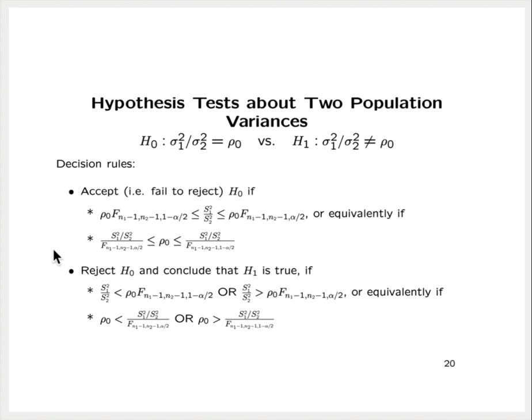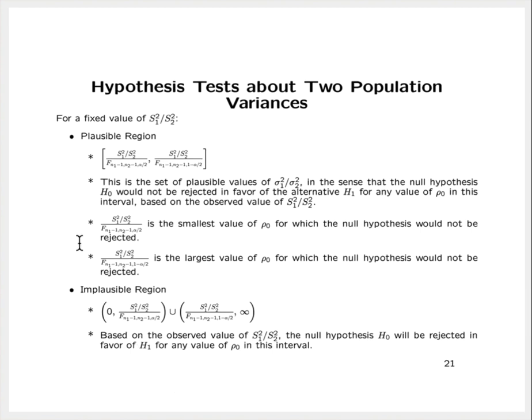If we consider the second bullet points for both the acceptance and rejection regions, we come up with plausible regions. The plausible region consists of the set of plausible values for the ratio of the population variances, in the sense that the null hypothesis would not be rejected in favor of the alternative for any value of rho sub 0 in this interval, based on the observed value of s1 squared over s2 squared.